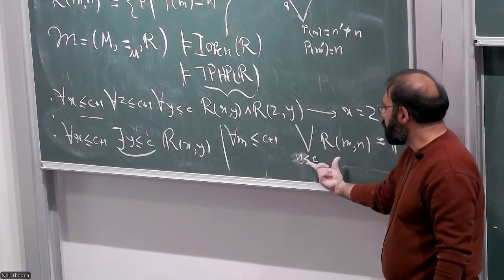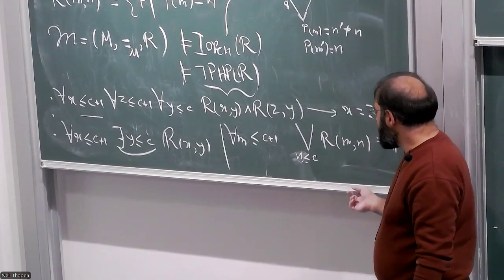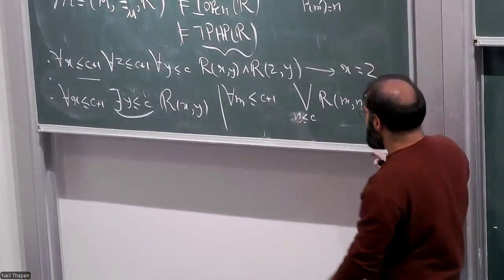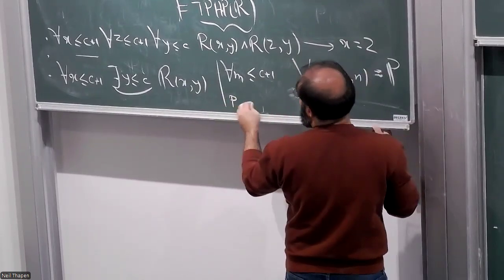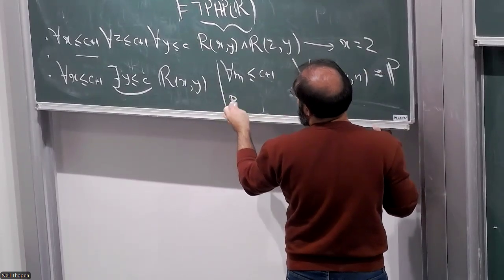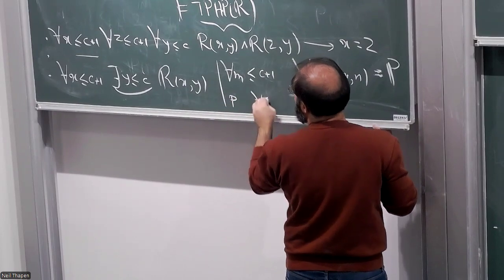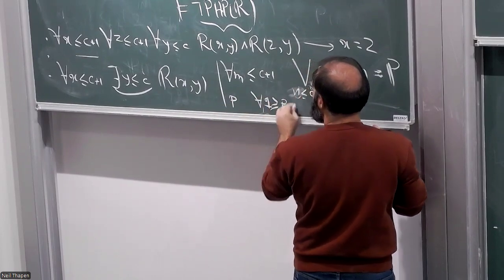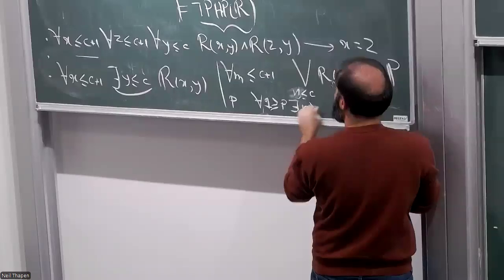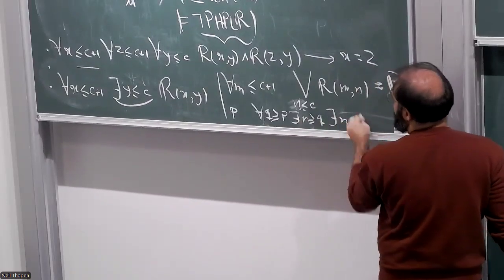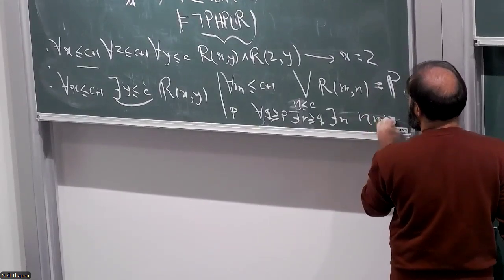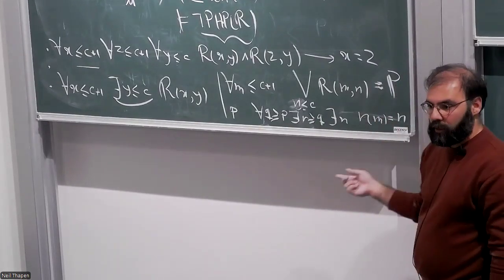Everything is forcing this. How to do that? This is double negation of union. Simply I have to show that for any P, for any Q beyond P, there exists R beyond Q, this is just double negation, and there exists N such that R M is N. Right?